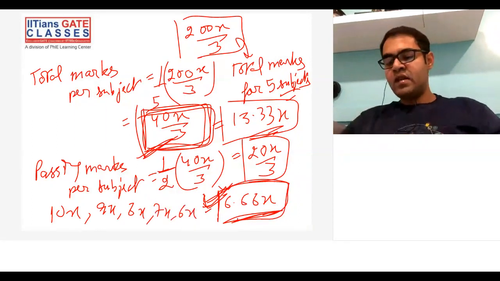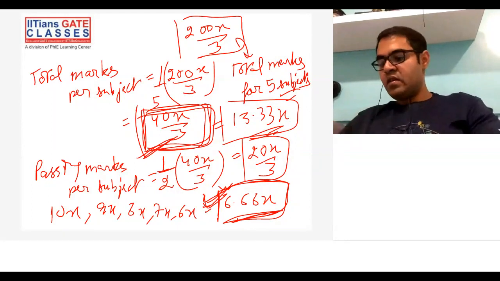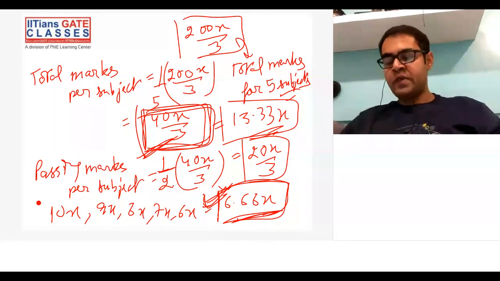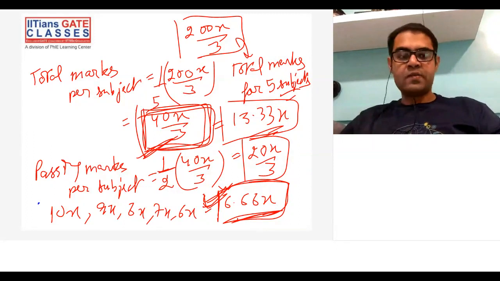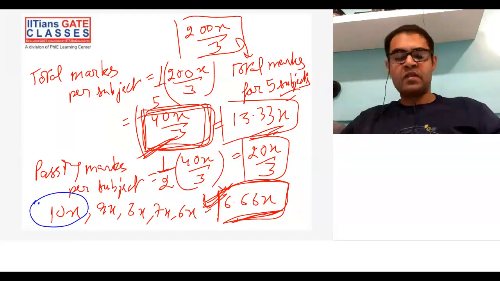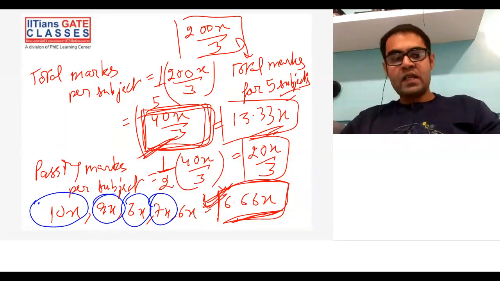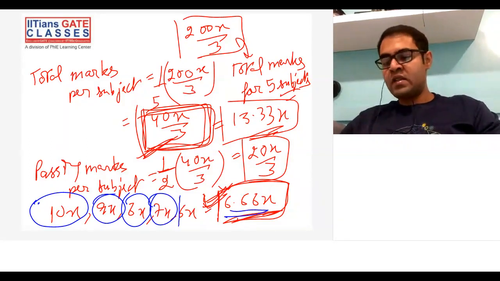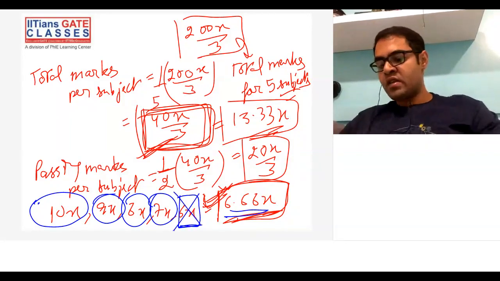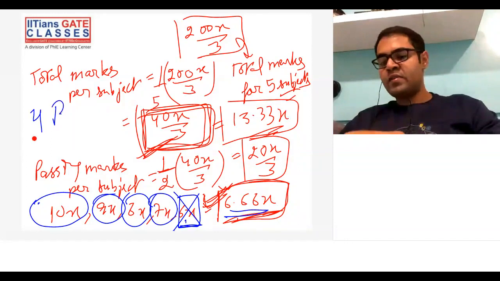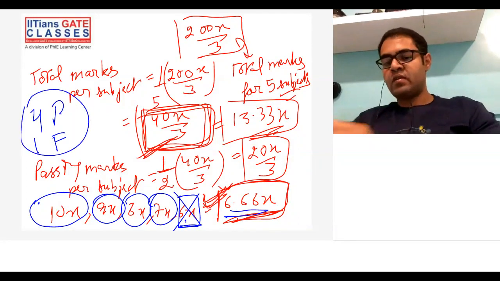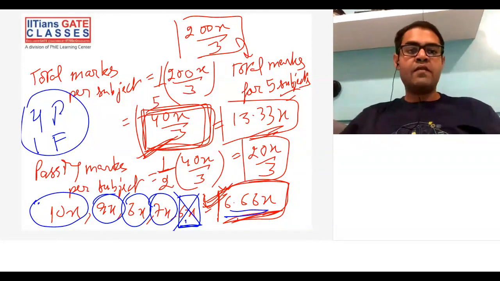So I'll circle in blue where he has passed. 10x is greater than 6.66x, that means in the first subject he passed. 9x is also greater than 6.66x, passed. 8x also passed. 7x also passed. 6x is less than this, that means in the last one where he got 6x marks, he failed. So he passed in 4 subjects and failed in 1 subject.